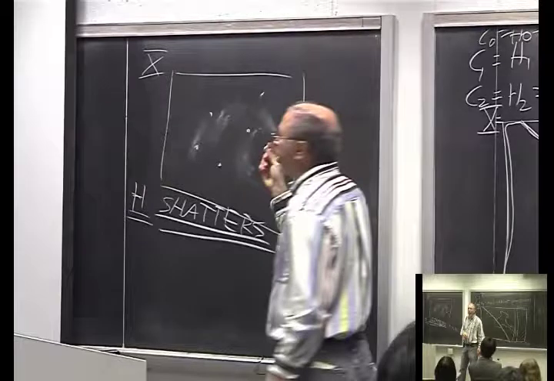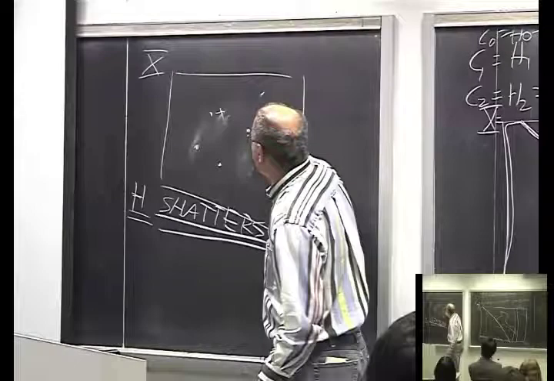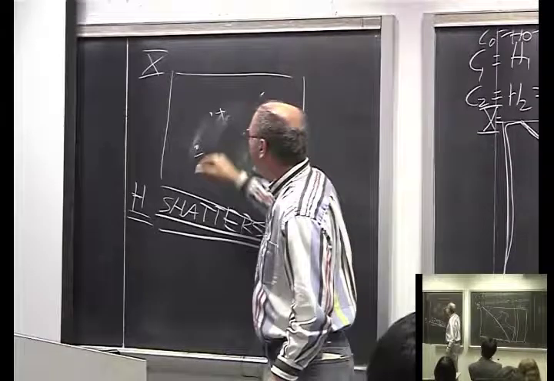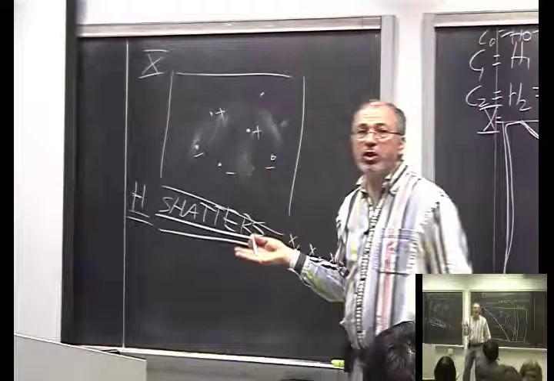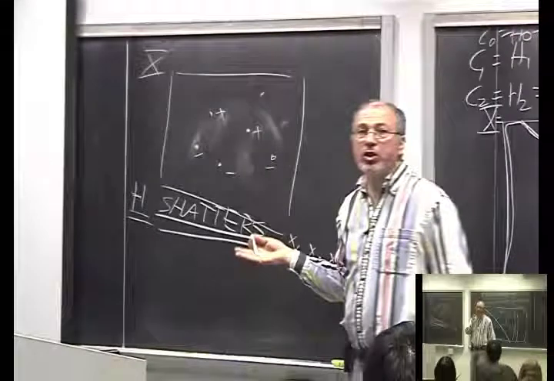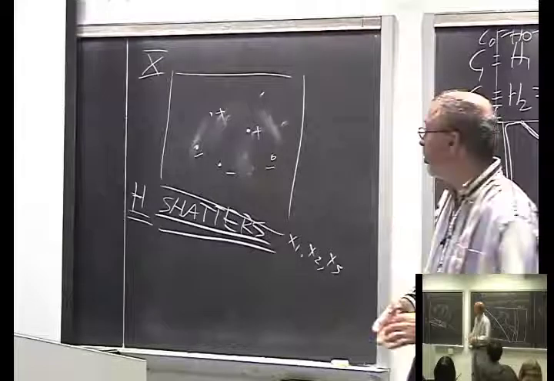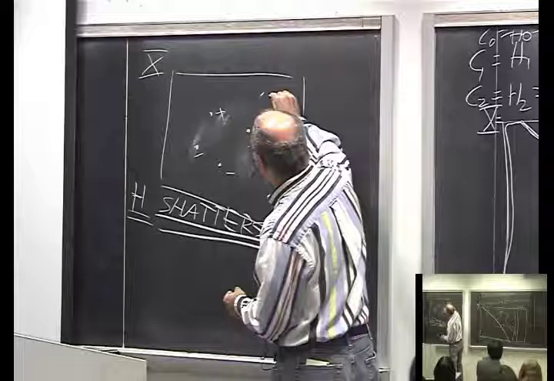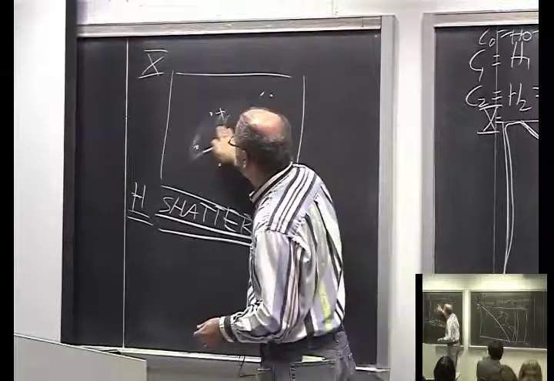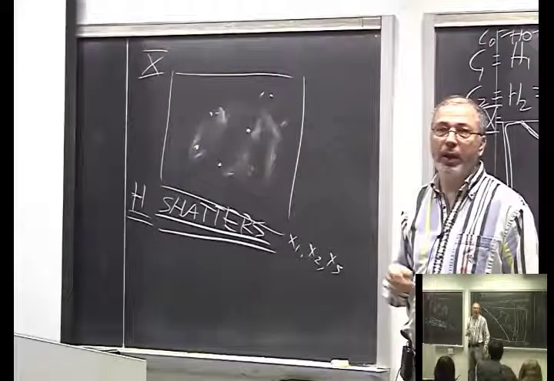Maybe by showing that there's a particular assignment of pluses and minuses that is not consistent with any member of H. So we conclude that H cannot shatter these 5 examples. But wait, we're not married to these 5 examples. We can try different 5 examples. Let's try to put a different example here. These 5. Can H shatter these 5? We're going to look and look and look and not find a way to shatter these 5.